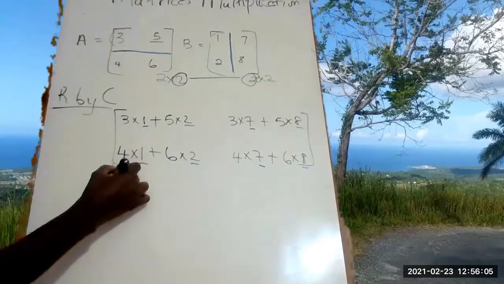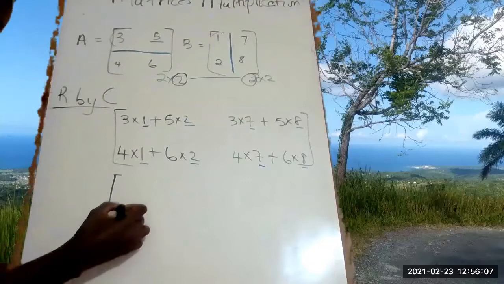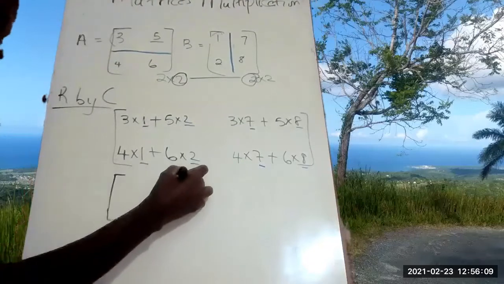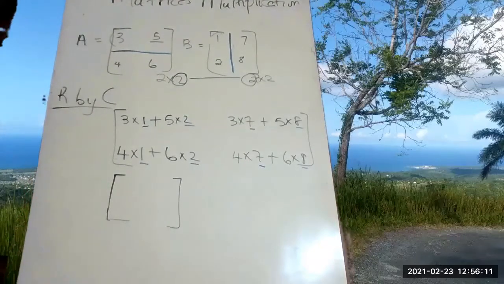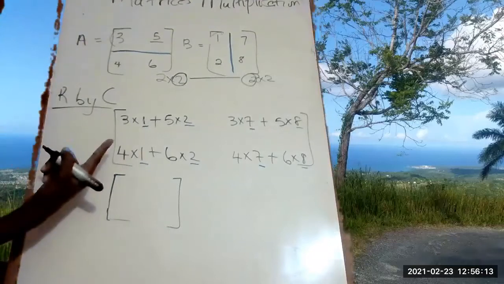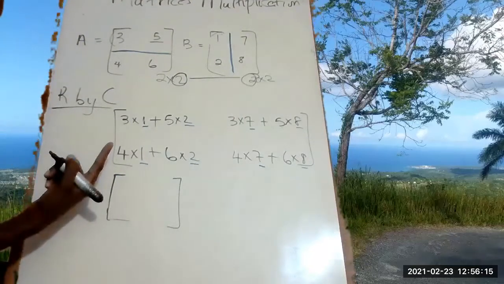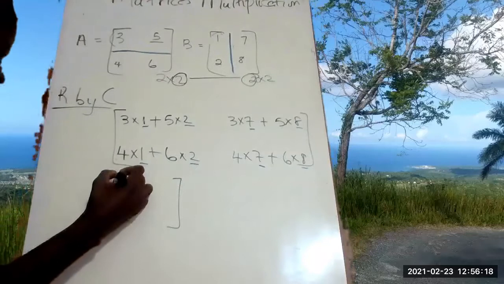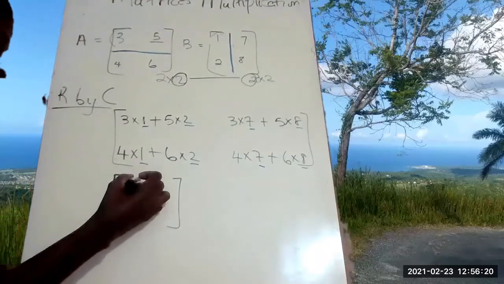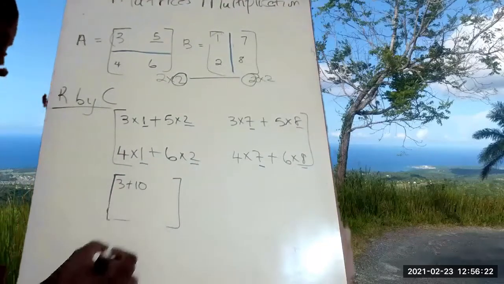So the fact that we're multiplying a 2 by 2 matrix by another 2 by 2 matrix, your result should be a 2 by 2 matrix. So we're going to get 3 times 1, 3, plus 5 times 2, 10.